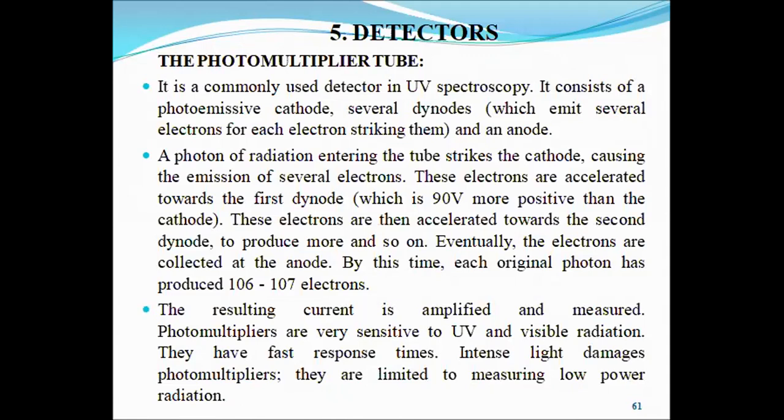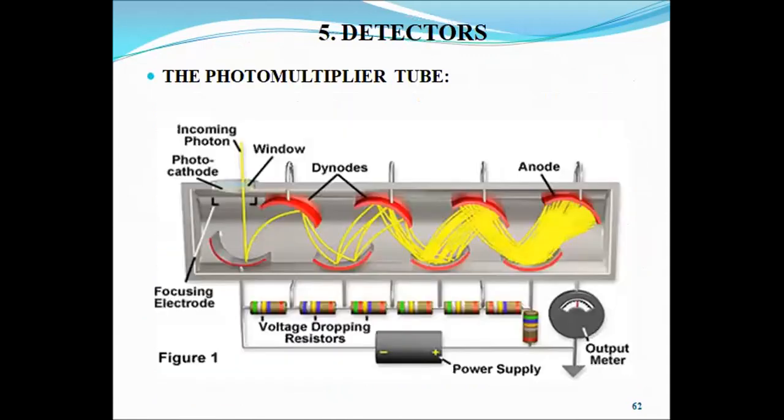Finally, the current is amplified and measured. Photomultipliers are very sensitive towards ultraviolet and visible radiation, and they give a very quick response. This is how the photomultiplier tube works. This is the incoming photon, and this is the first dynode, second dynode, third dynode, and finally this is the anode.